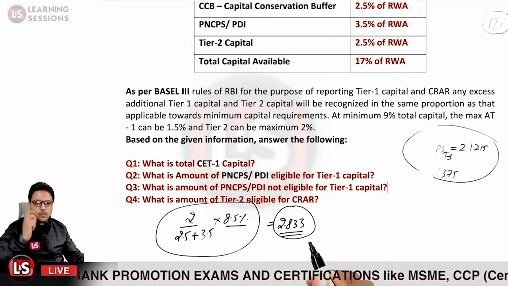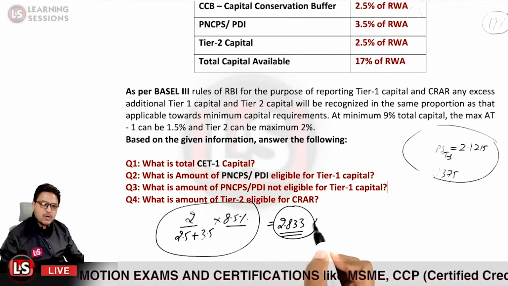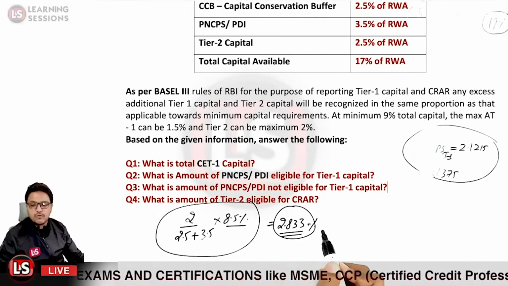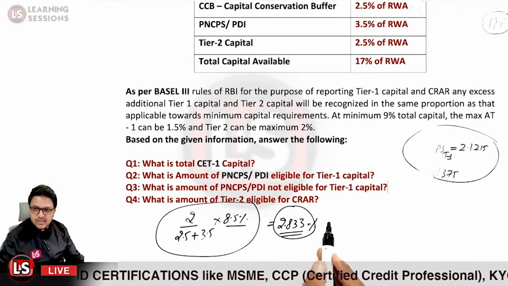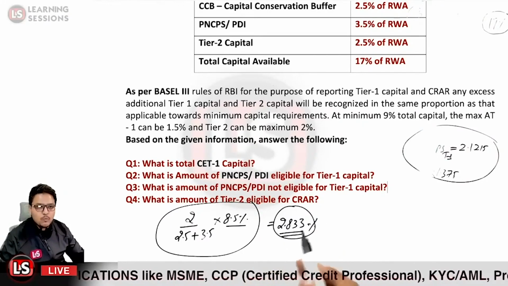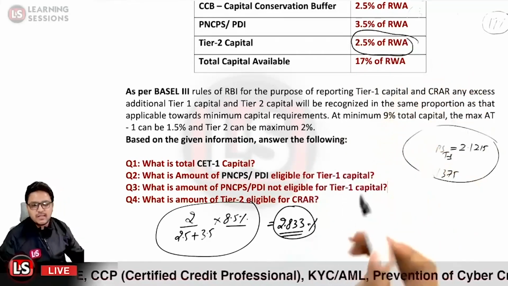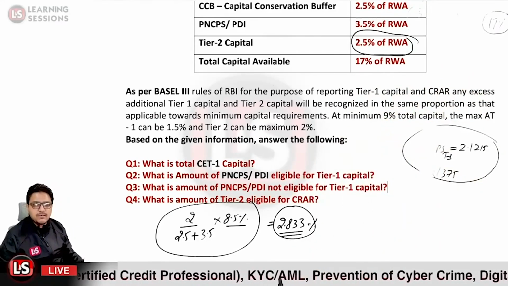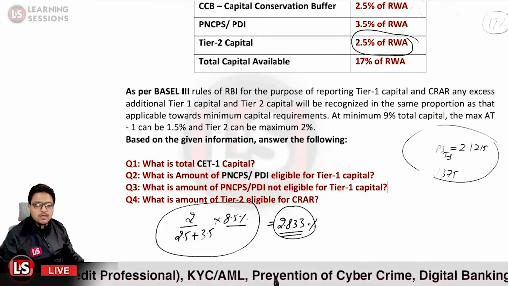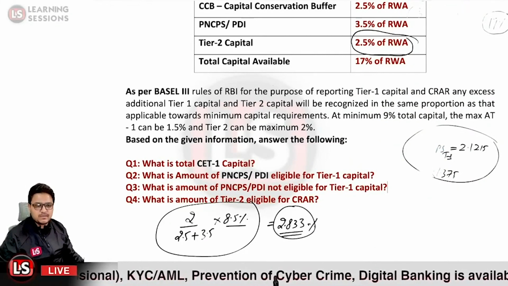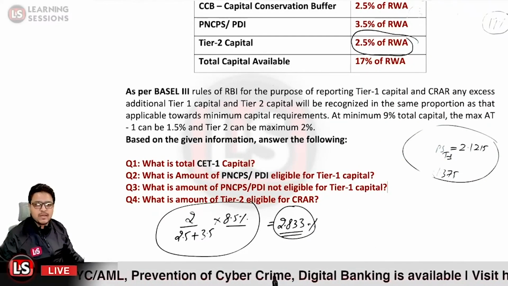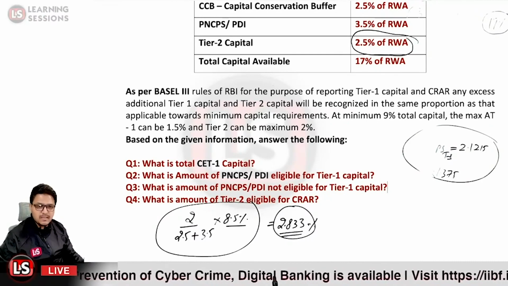Out of this 2.833% that we calculated, 2.5% is the capital maintained against the risk weighted assets, and the rest will come from the additional composition of the PNCPS.